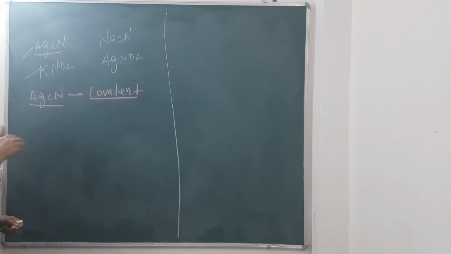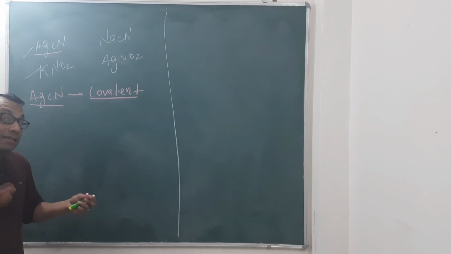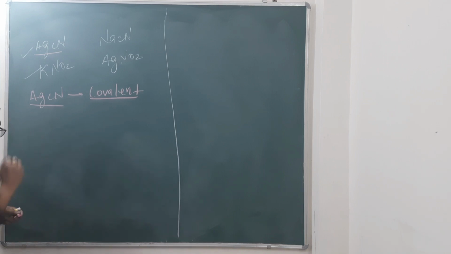When it does not ionize into cations and anions, then how will it act as a nucleophile? In that case, the lone pair of the nitrogen will act as a nucleophile, because it is not going to be dissociated or ionized.